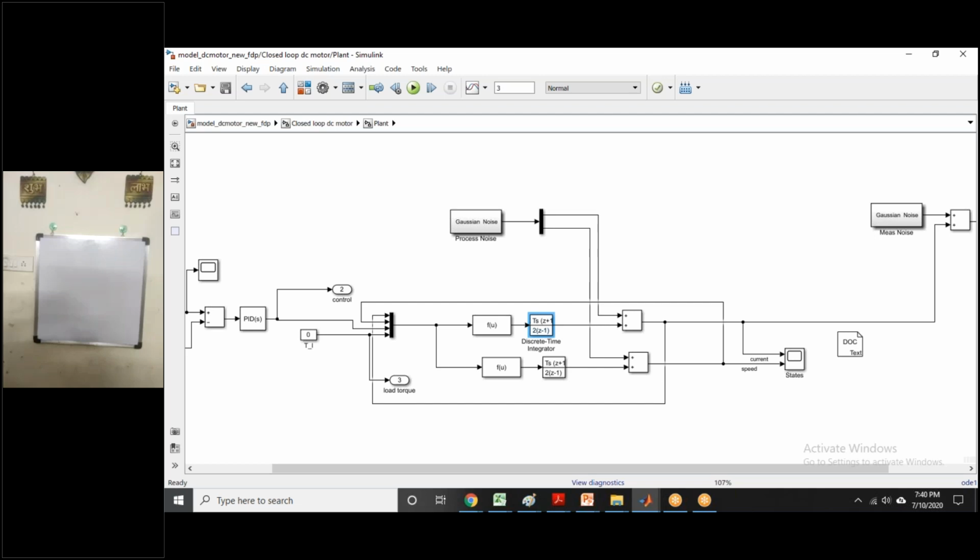Once it reaches steady state, everything is stable. If your control is stable and the plant is stable, then this covariance will come to its least value, and there will not be any variation in the covariance.